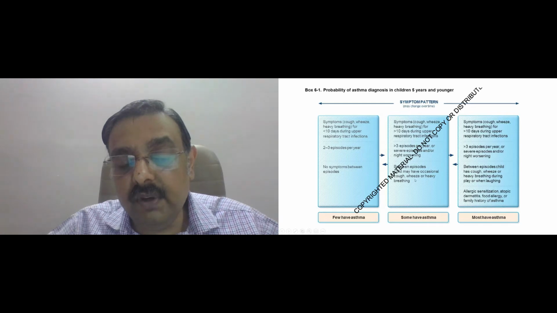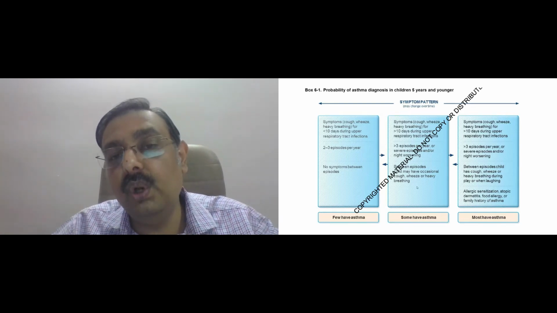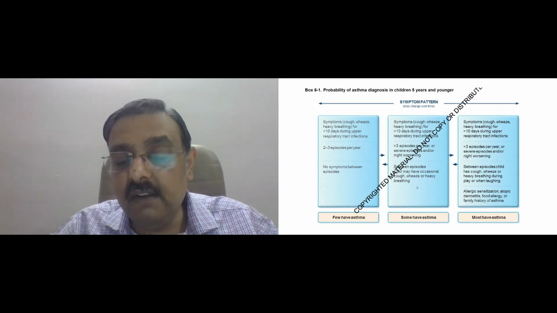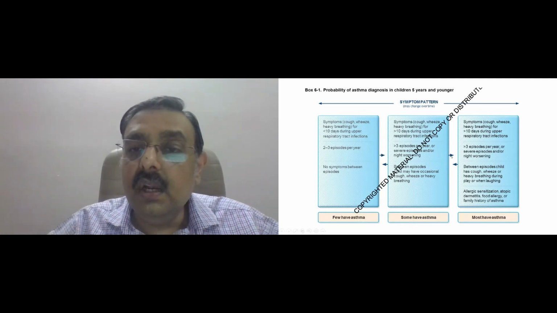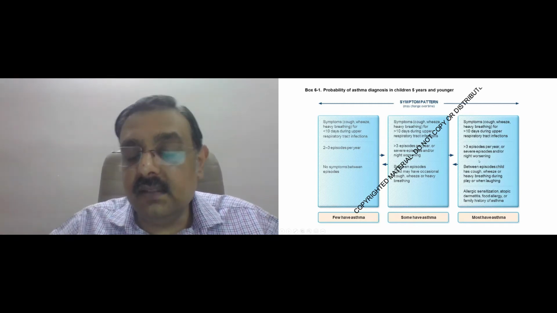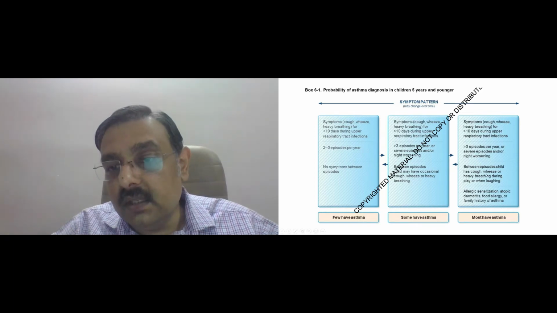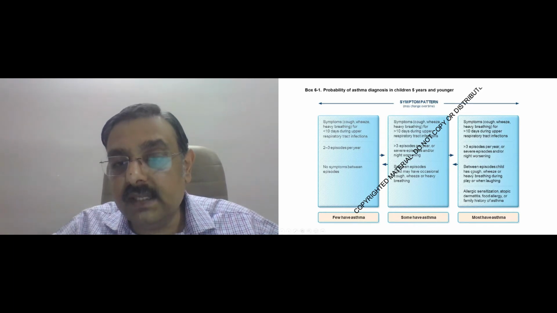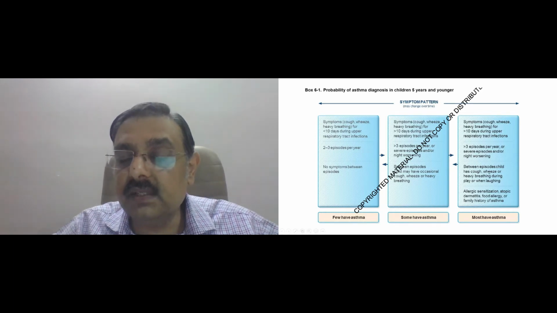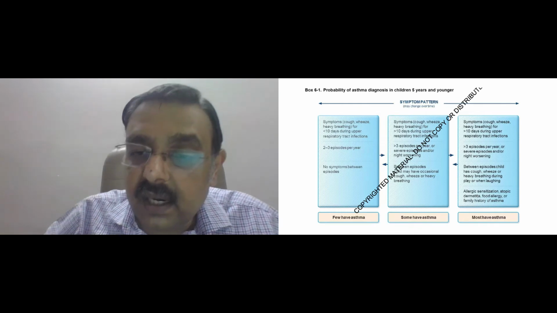Right? So even with this type of a phenotype, not all children will go on to develop asthma in an under 5 situation. Now, on the extreme right, all these things remain the same as the middle box, but there are two differences. One is that this child has more of an exercise-induced problem as well, and the other is that there is a background of allergy.